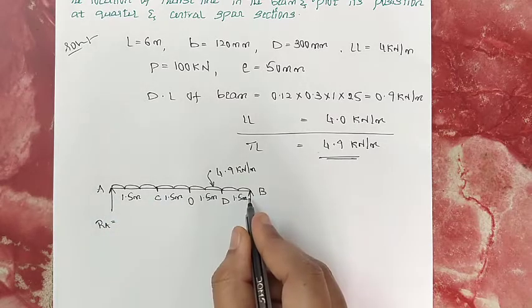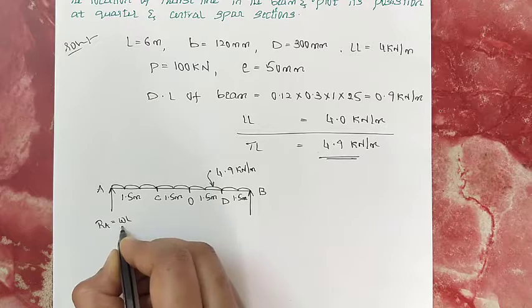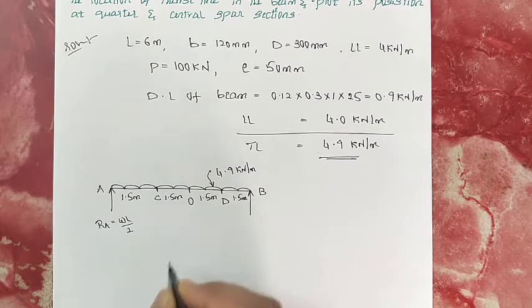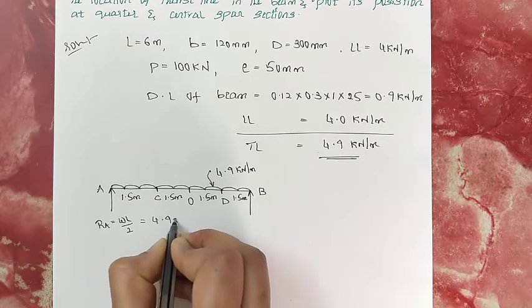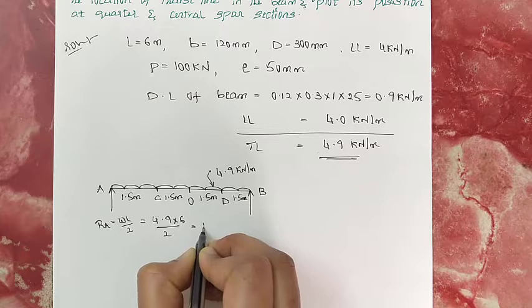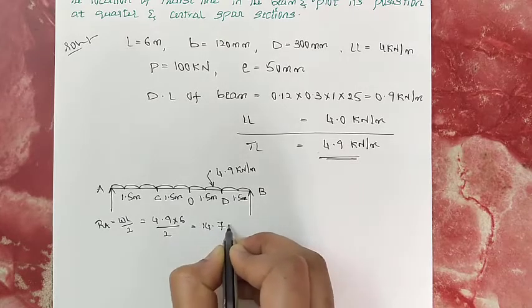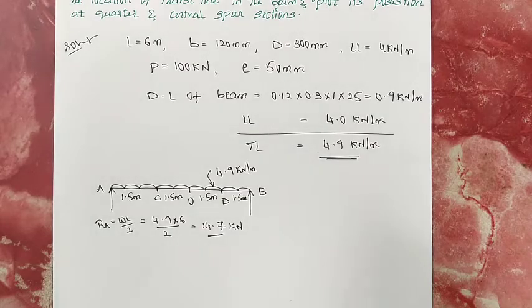For a beam carrying UDL, the support reaction value is WL by 2. That is 4.9 into 6 divided by 2, which gives 14.7 kN. This is the reaction. It is a symmetrical load, so the reactions at A and B are equal.